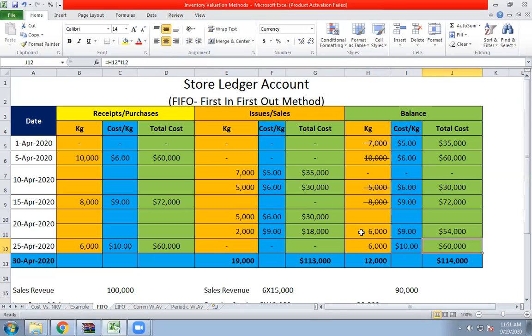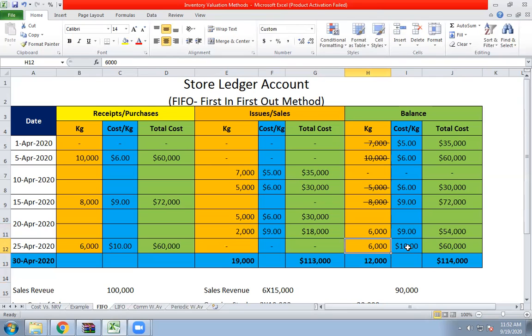So now I have 12,000 kg in stock. The total value of this 12,000 kg is $114,000. The first 6,000 was valued at 9, making a total of $54,000. The second 6,000, which I just purchased recently on 25th April, is valued at $10, making a total value of 60,000.